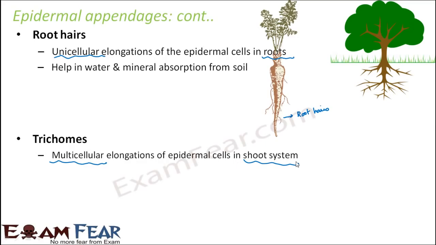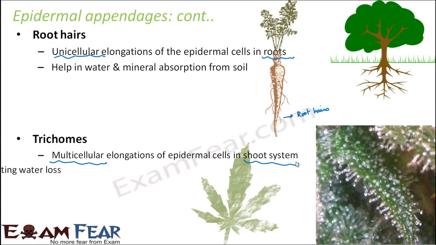Sometimes the trichomes are even secretory, that is, they secrete some sticky substances. They can be soft, they can be stiff as well. It is not always necessary that since they are hair-like structures, they have to be very soft every time. They can be stiff as well. They form round containers which hold water. That is how they help in preventing water loss.